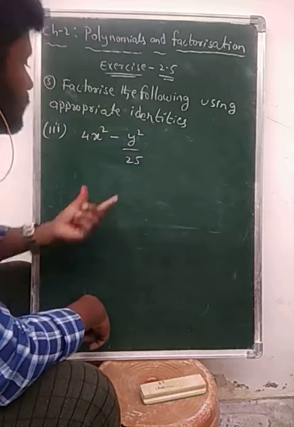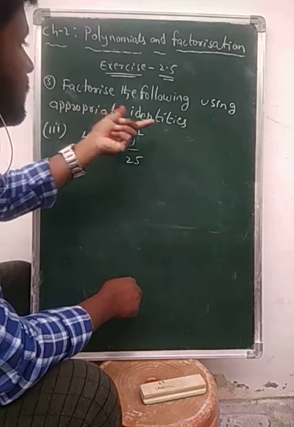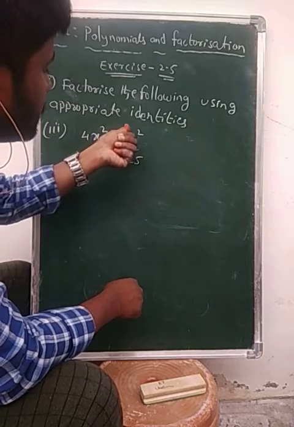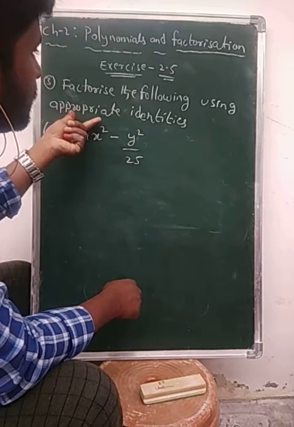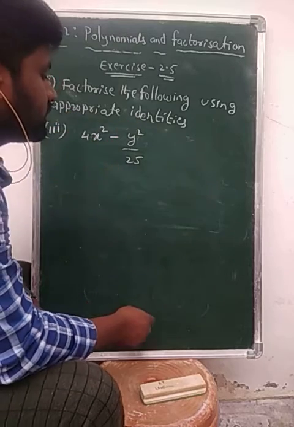Okay, so this is the question: factorize 4x square minus y square by 25 using an appropriate identity.